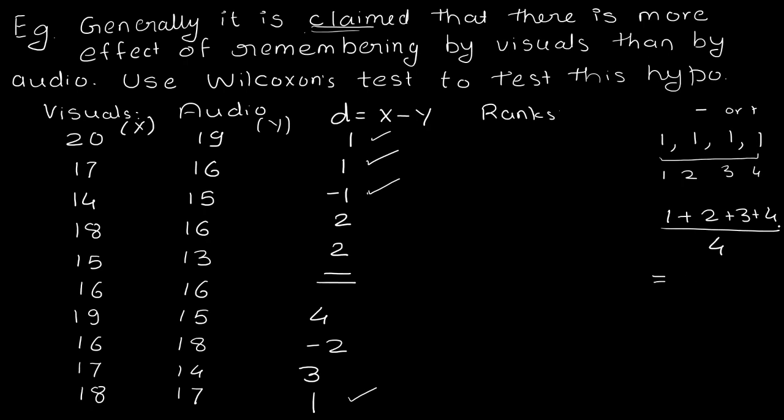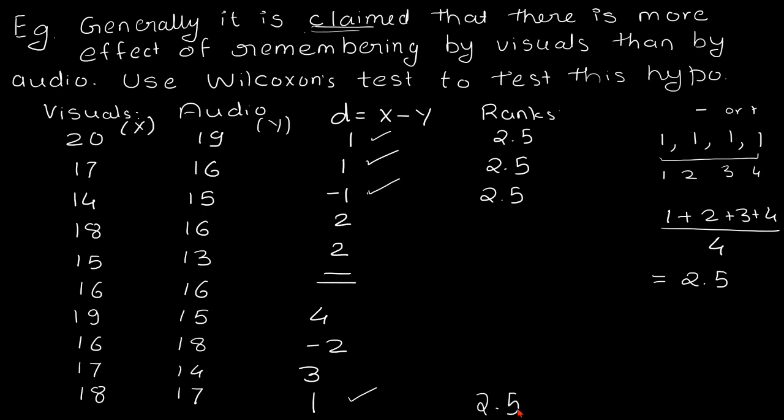It comes out to be 10 by 4, that is 2.5. So this value comes out to be 2.5, the average of them. Therefore I will allot the rank 2.5 to this one, this one also 2.5, this one also 2.5, and this last one will also have the value 2.5.